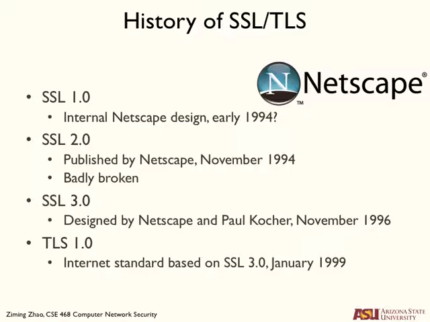Then in 1996, 20 years ago, they designed the third version of SSL. And this version was very successful. So 3 years later, the Internet Standard Group decided to standardize this network layer security based on SSL 3.0.